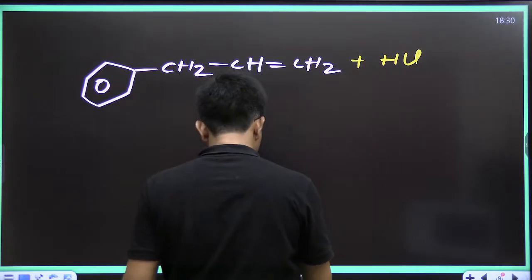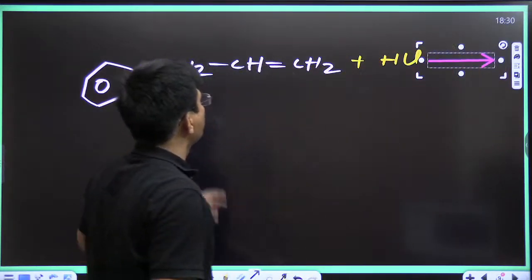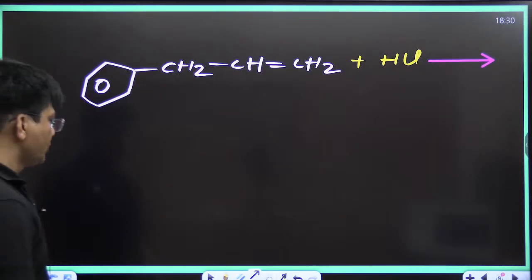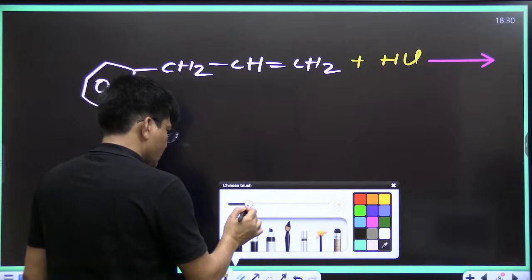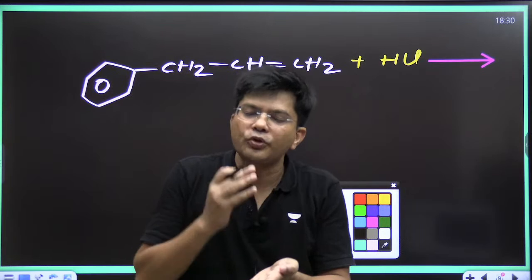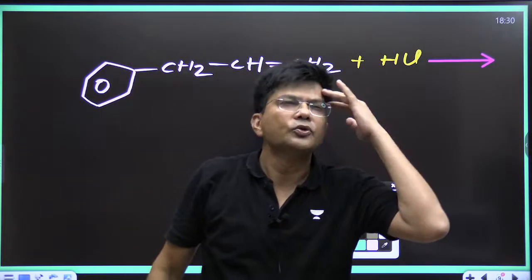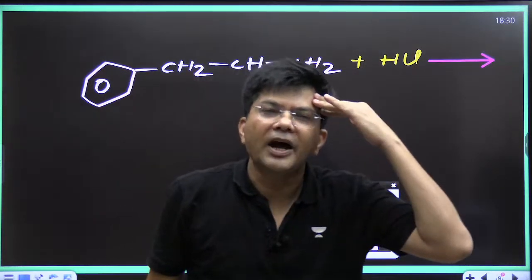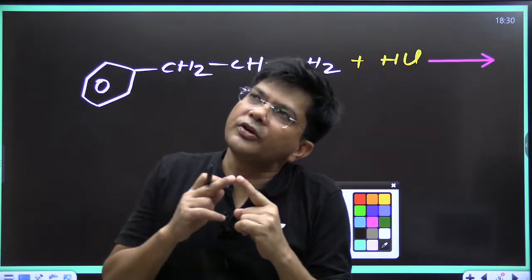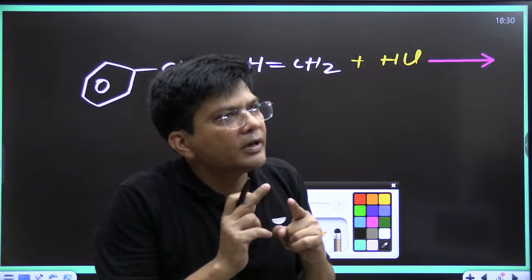Now, my dear students, the one who has crammed Markovnikov's rule, what is that student going to do? Definitely, he must have crammed it like this: Markovnikov's rule states that the negative part of the reagent goes to that double bonded carbon. Most of the time, in 90% of cases, you forget whether the negative part goes to the carbon having more hydrogen or less hydrogen.